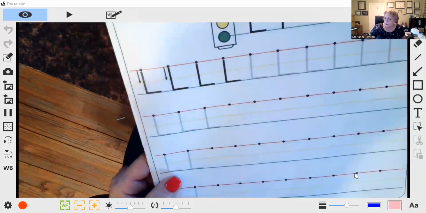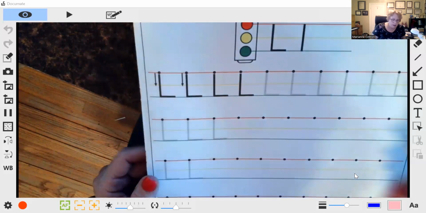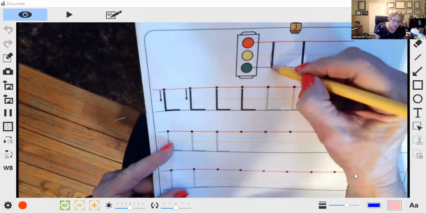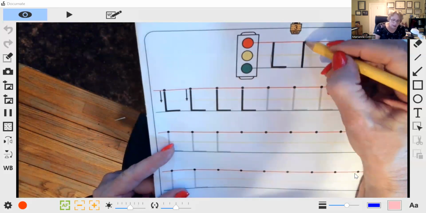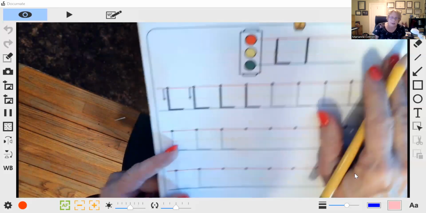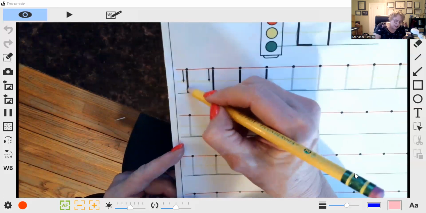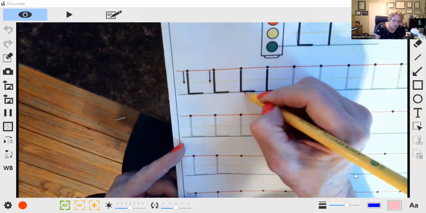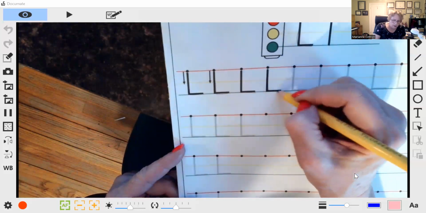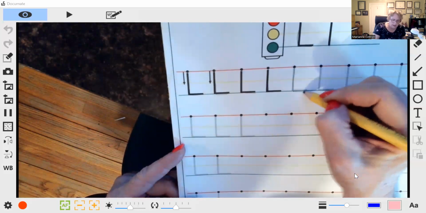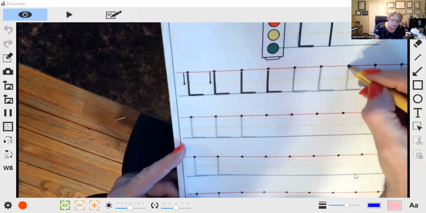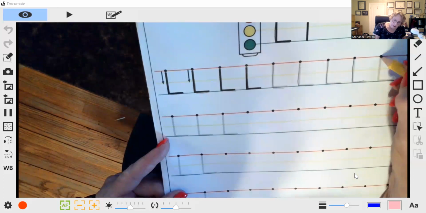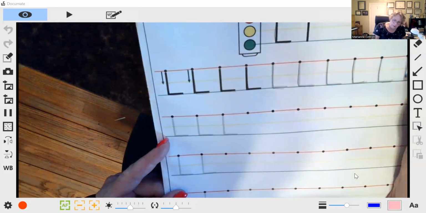Here we're going to start writing our L. We're going to start at the red line, down and over. Start at the red line, just go down to the green. Down and over, down and over, down and over.